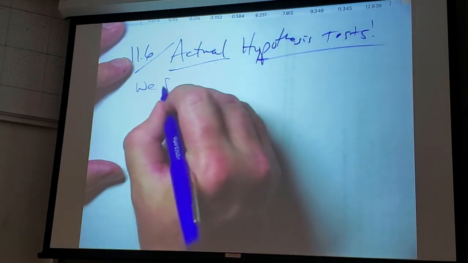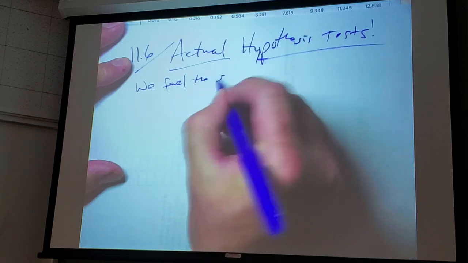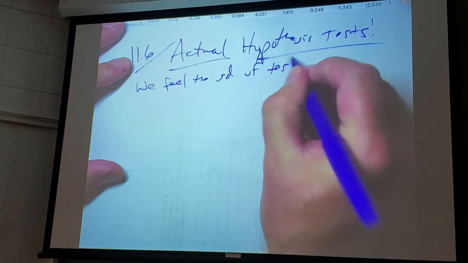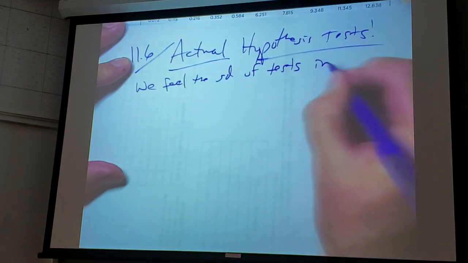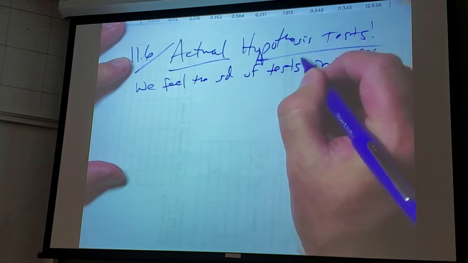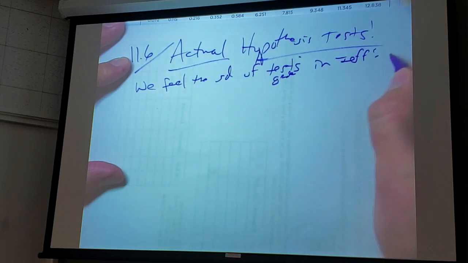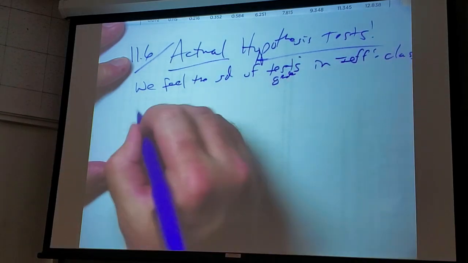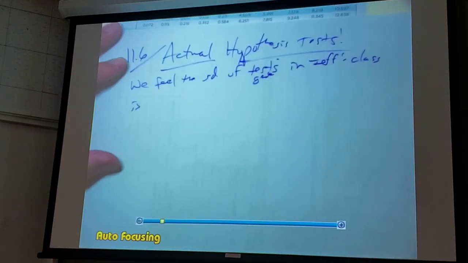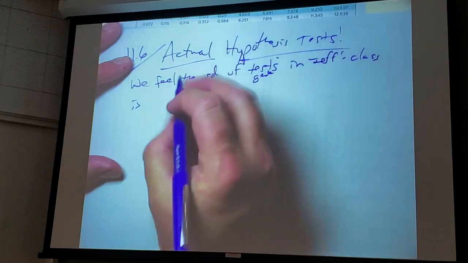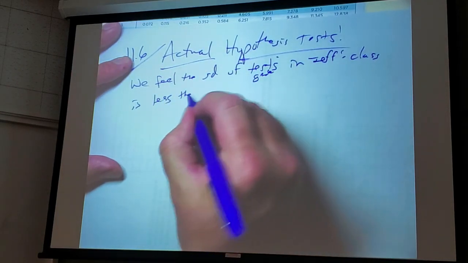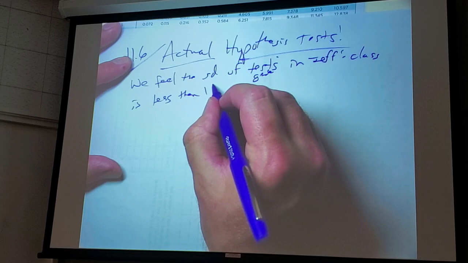We feel the standard deviation of test grades in Jeff's class is less than 16.